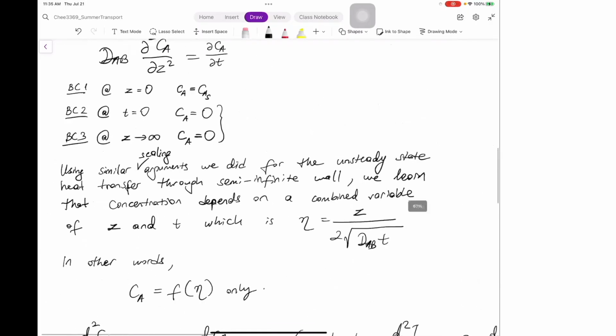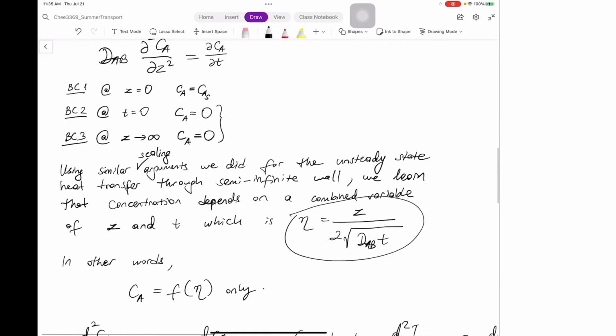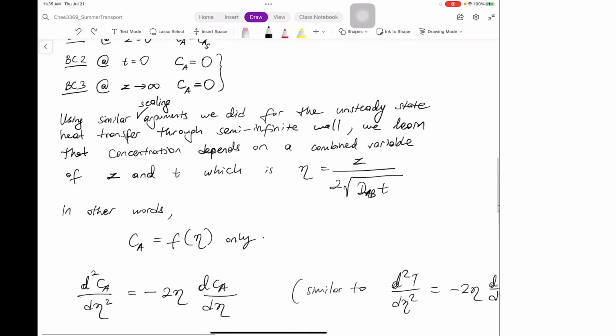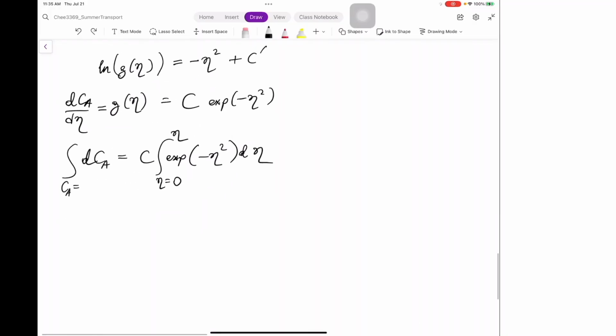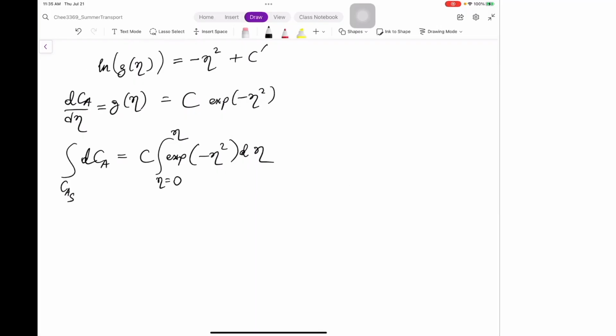Since eta is z over this, taking z equal to 0 makes eta 0. So it's this first boundary condition. So at eta equal to 0, CA is CAS. And at eta, CA is going to be CA eta.